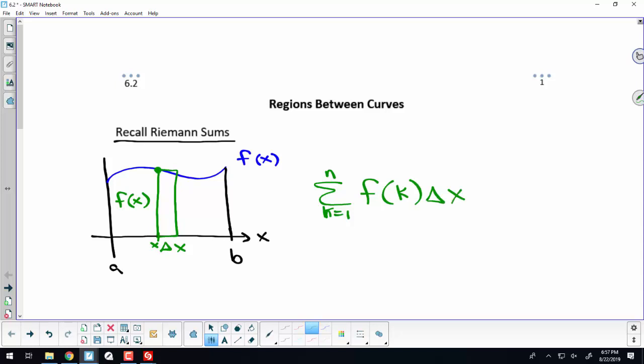It said x sub k, so we'll call that x sub k right there. And that was just the height times the length of the first rectangle, and then we added to that the height and length of the next, right? So there's us adding all of these slices up, and then we said to get an exact area, we have to let the number of rectangles go to infinity. Do y'all kind of remember that?